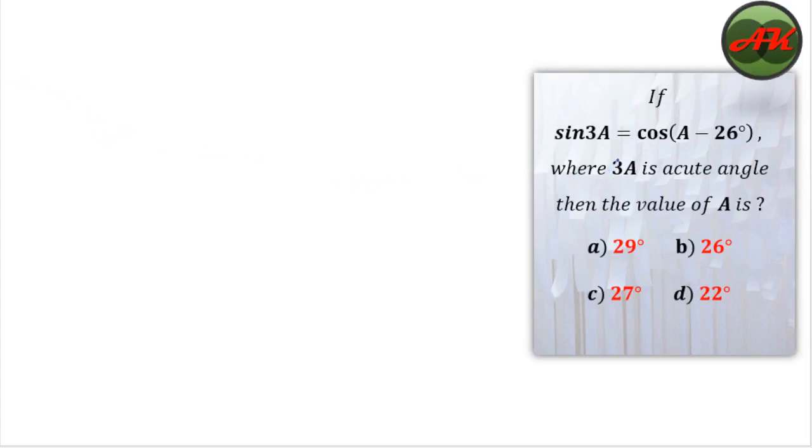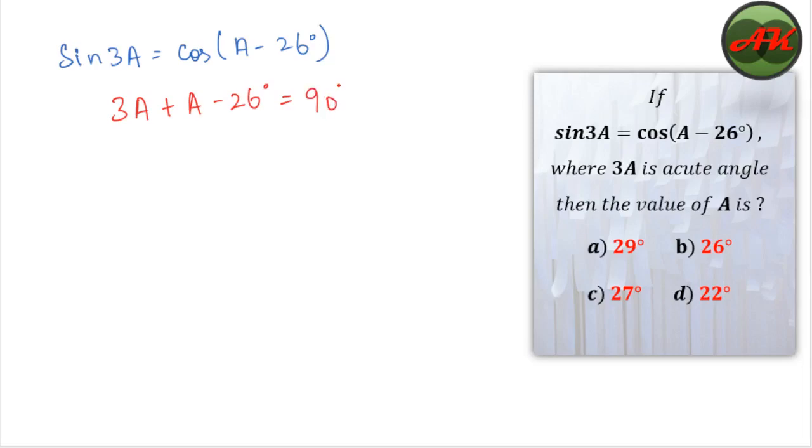Now the next problem. If sin 3a is equal to cos of a minus 26, where 3a is acute angle, then the value of a is, okay, let me write, sin 3a is equal to cos of a minus 26. We know that sin and cos are complementary. Now 3a plus a minus 26 degree is equal to 90.